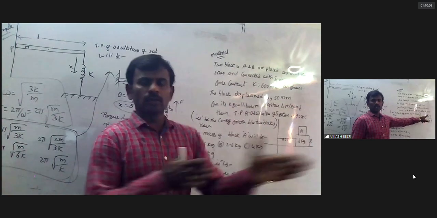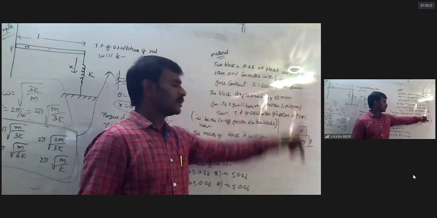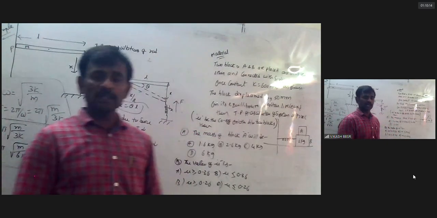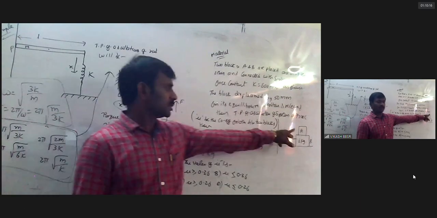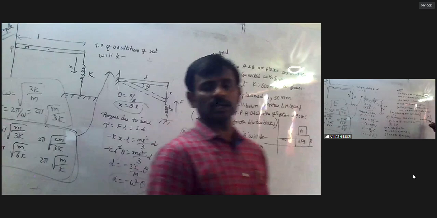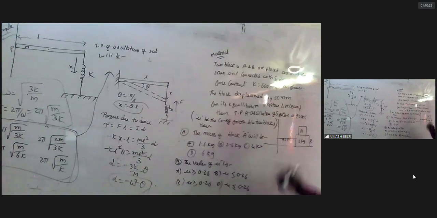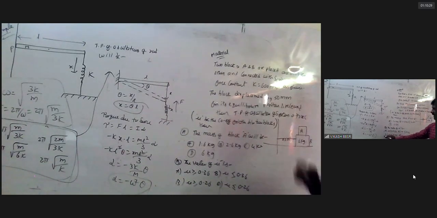There is no chance of block A losing the contact with B. That you can observe, because we need to find mu here. Greater, lesser, both given.